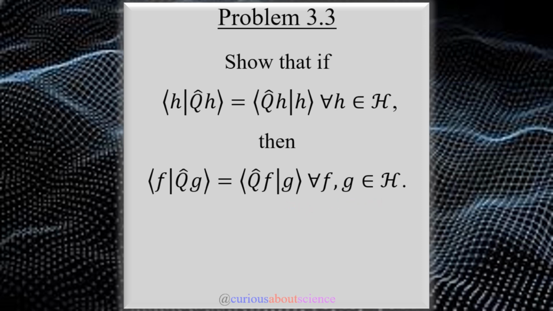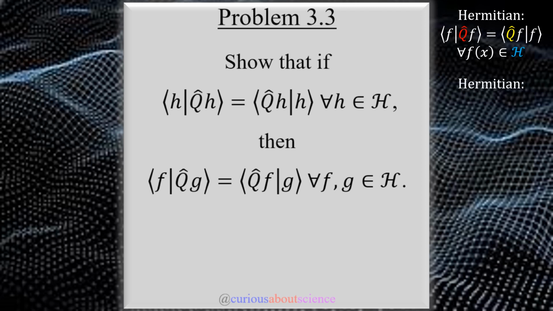Okay, what this is really showing is the definition of Hermitian in just two different ways. Meaning, going back to what we had in the book, if the operator on the right hand side is equal to the left hand side given any f of x in the Hilbert space, blue H. But we were also shown that f with Q acting on g is equal to, similarly, Q acting on f, for any f of x and g of x in H. These are just definitions.